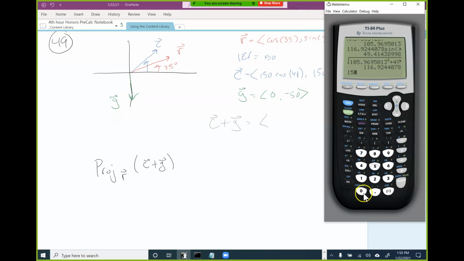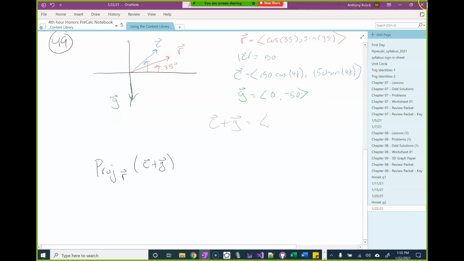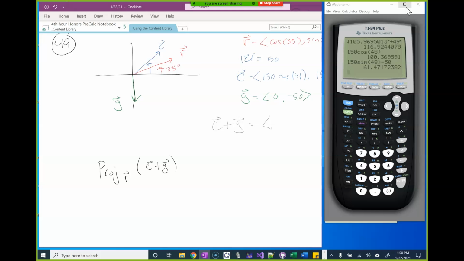So 150 cosine 48 plus 0 is just going to be 100.37, and then 150 sine 48 plus -50, or just subtract 50, is 61.47. So I'm going to write those numbers down.